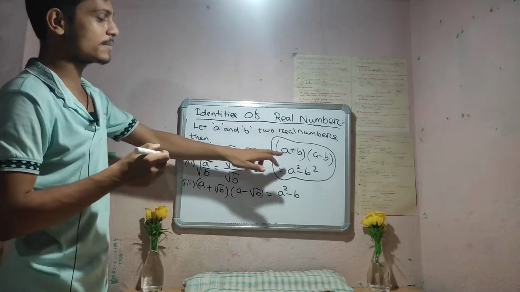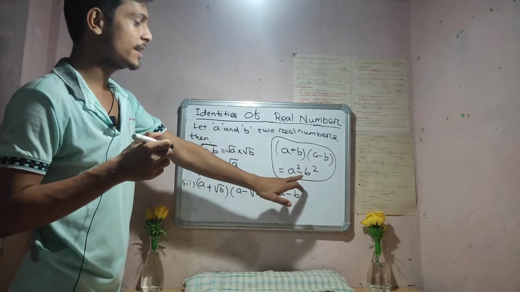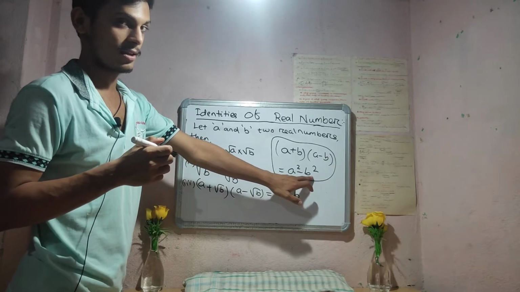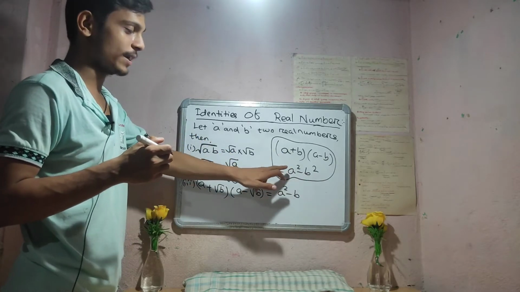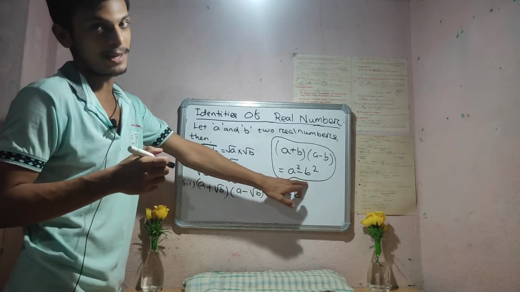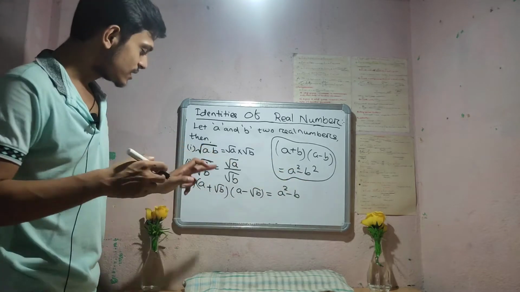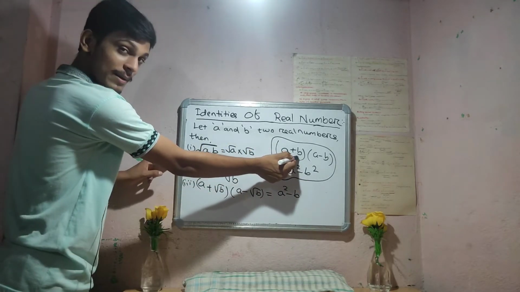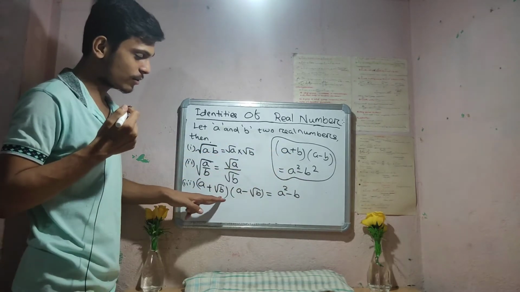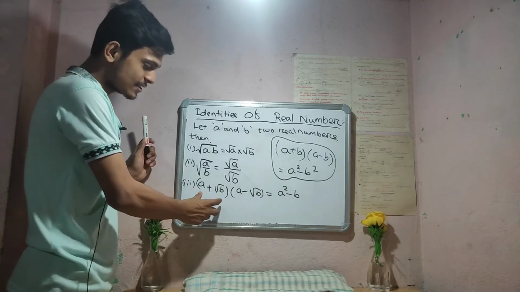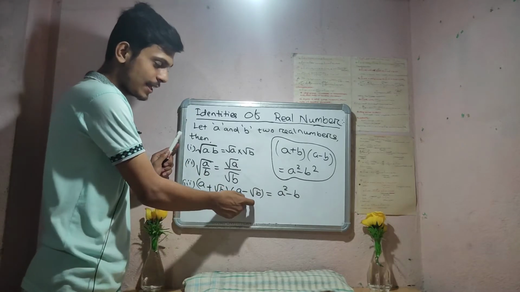a plus b multiplied with a minus b gives a square minus b square, and we also proved how it is a square minus b square. Clear my point? In place of b, here the square root of b is there. So this is the form of a plus b and a minus b.